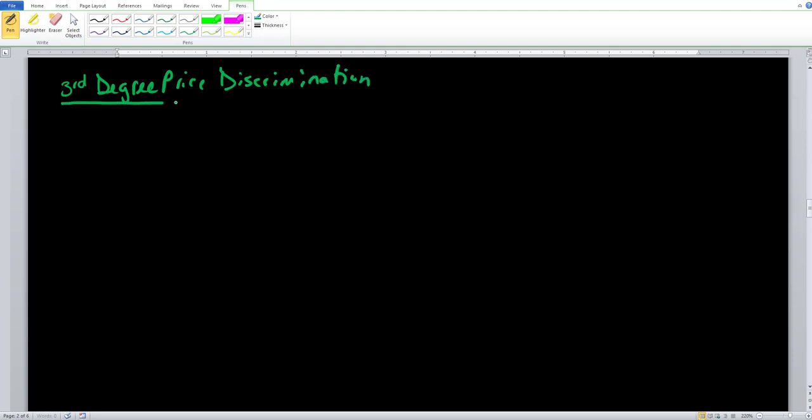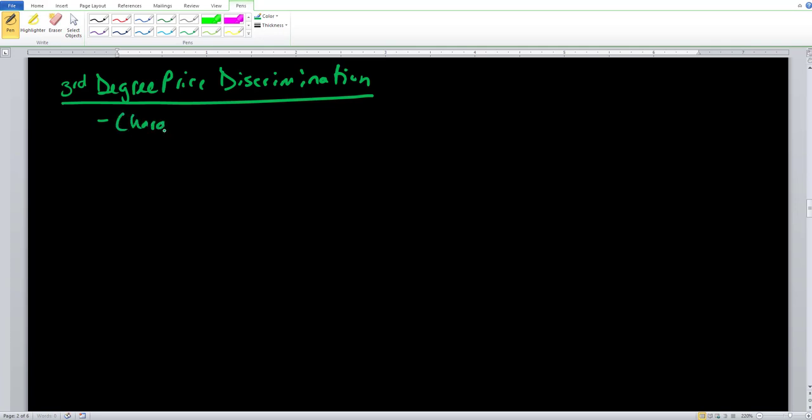Once again, this is charging people different prices based on their elasticities of demand. We can separate groups of people based on whether they are price sensitive or price insensitive. Remember what we talked about with elasticity in chapter number 5.